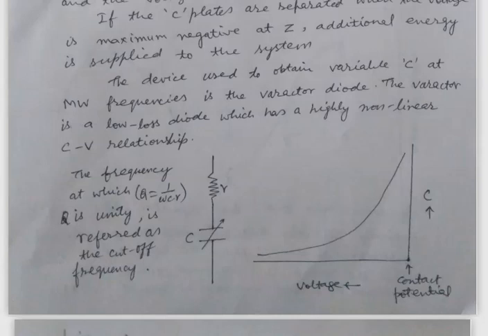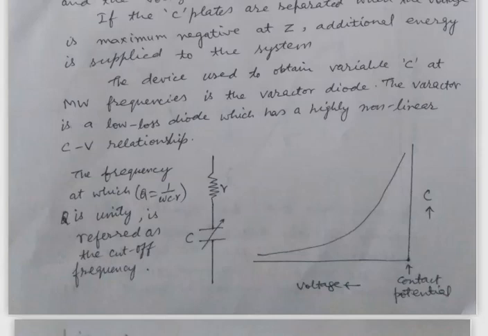The energy will be supplied by the pumping system, and again additional energy will be supplied to the system at the point Z. So this device, which is used to obtain variable capacitance at microwave frequency, is called the Varactor Diode.